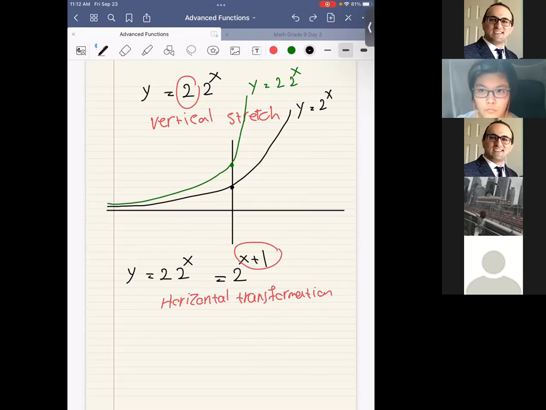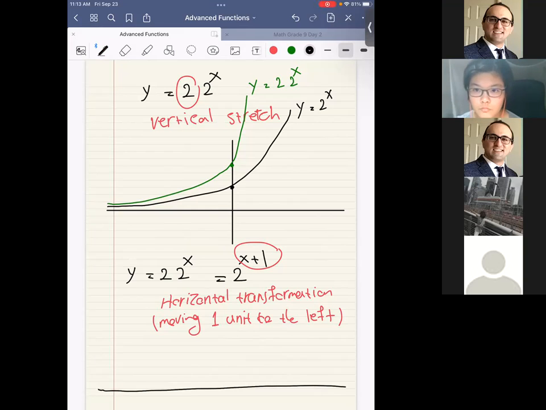So moving or shifting 1 unit to the left. Okay, so you have something like this.